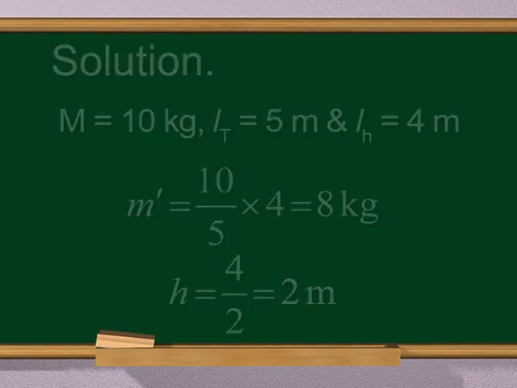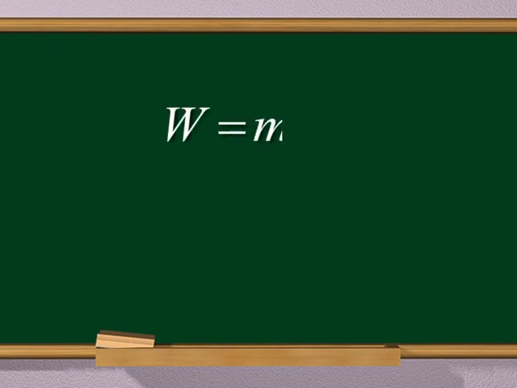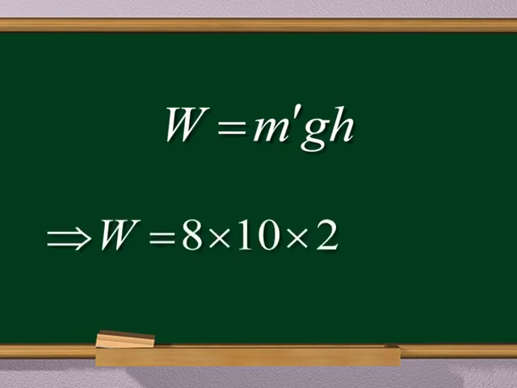Therefore, the work done is W equal to m dash into gh. This implies W is equal to 8 into 10 into 2, which turns out to be equal to 160 joules. Hence, the work done in pulling the entire chain on the roof is 160 joules.